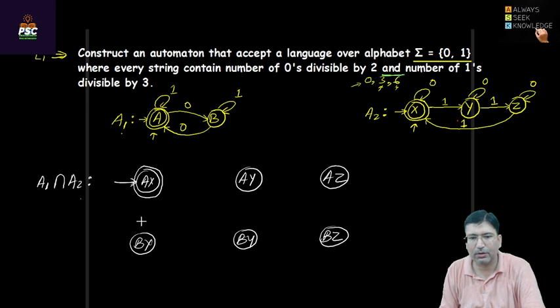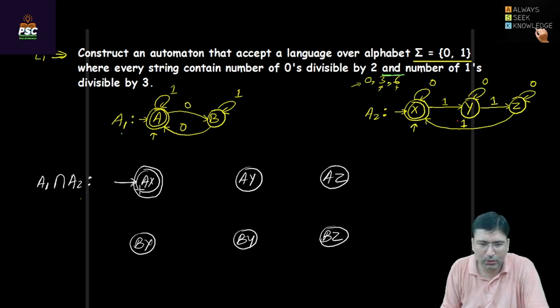We are drawing the automata for that, right? Now you are combining this. So this is the thing. Now when 0 comes on this particular A, you reach B. Okay, so wherever B, you can draw it.